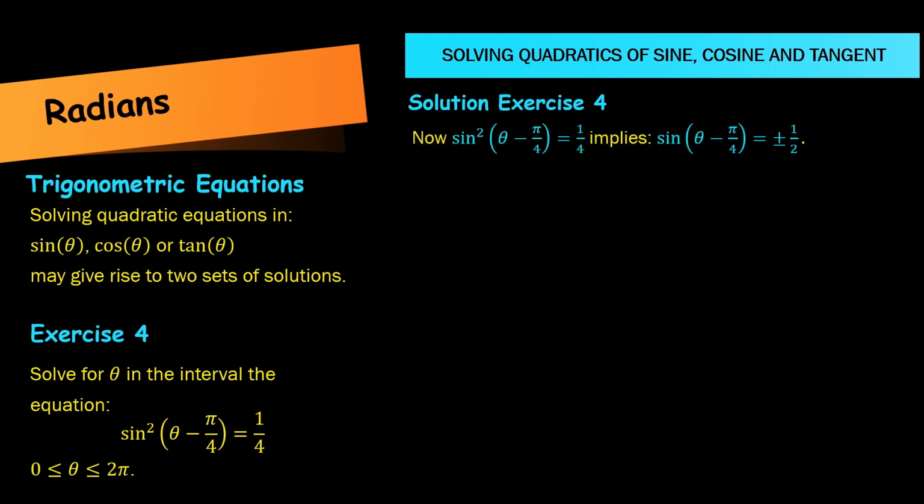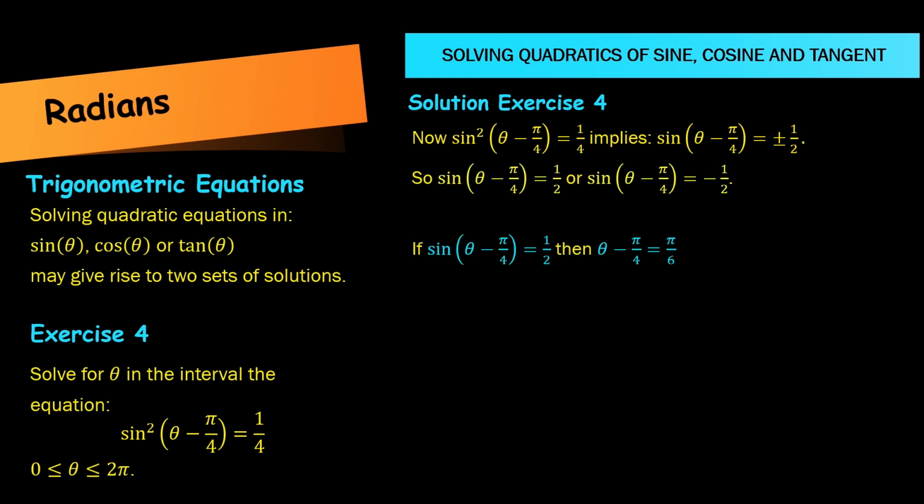Of course, sine squared of theta minus pi by 4 equals 1 over 4 implies that sine of theta minus pi by 4 equals either plus or minus a half. So we have either of these two expressions highlighted in red. If we consider sine of theta minus pi by 4 equals plus a half, then theta minus pi by 4 equals pi by 6 as one of the solutions.